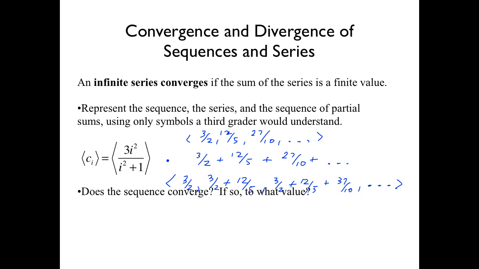Right. So this is where we can consider this like a rational function, one polynomial over another. We can compare the degrees of the numerator and denominator when they're the same and things get big. So when it gets big, it's going to essentially be 3i squared over i squared. Like you said, the 1 will just be negligible compared to everything else. So in the end, I'm going to change this.